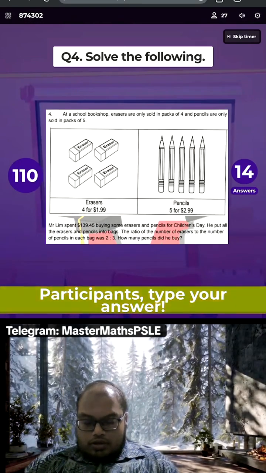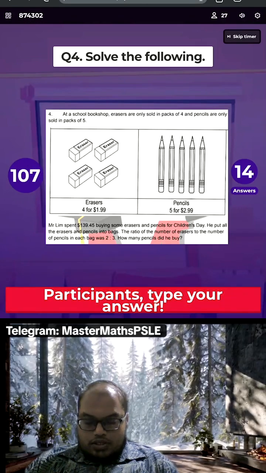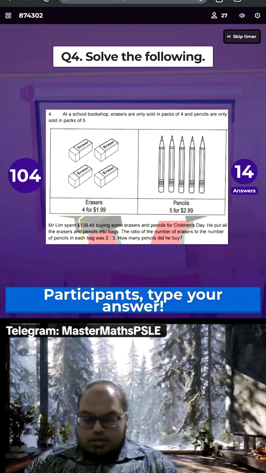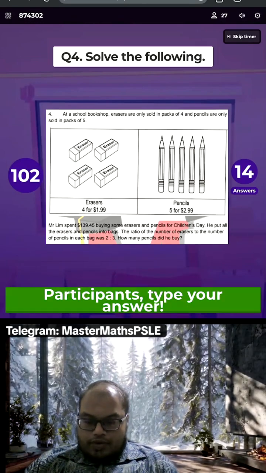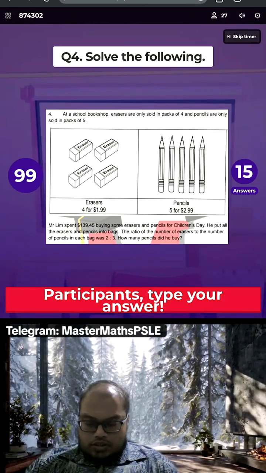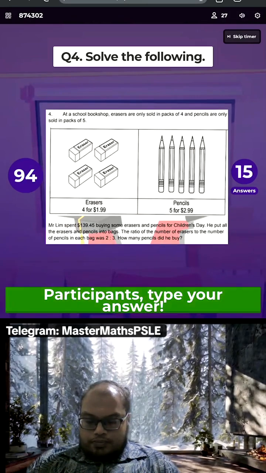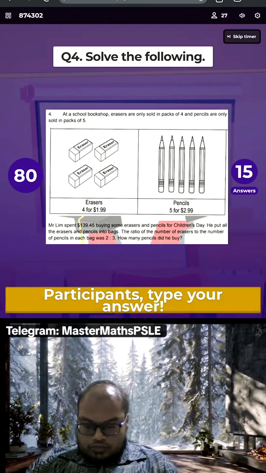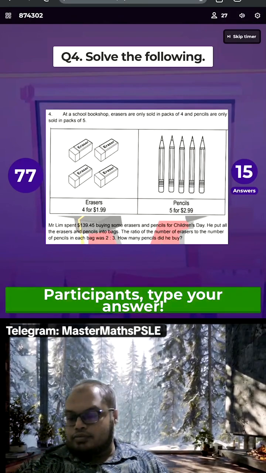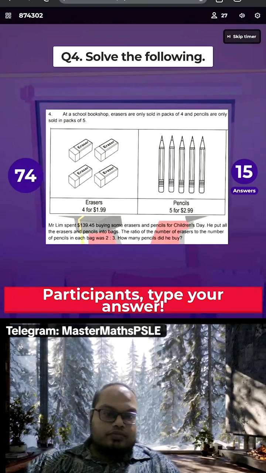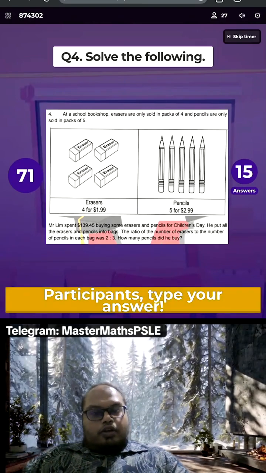Let me check. I may have something. I might have. Let me check if I put the ratio correctly in my solution. Oh, okay, correct.